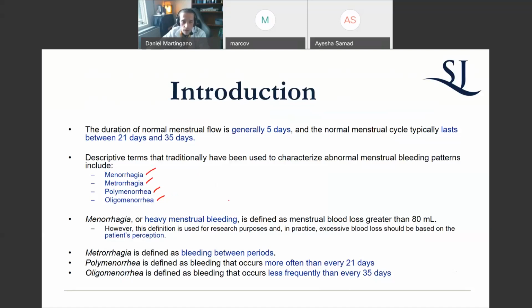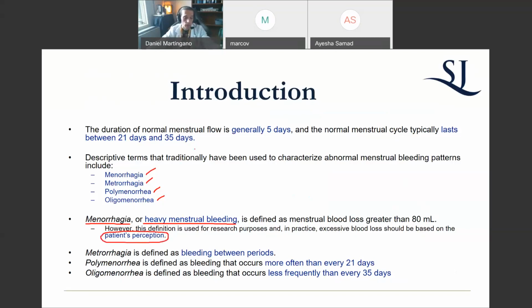That being said, in foundational materials or even just older nomenclature, sometimes it is used, so it's important to be aware of what these things mean. Menorrhagia means heavy menstrual bleeding, even though this term is not favored. Classically, it was defined as something greater than 80 mLs, but because we're not exactly sitting and measuring these things, in addition to the fact that all patients are different, the patient's perception of how heavy or not heavy their periods are is the most important thing.